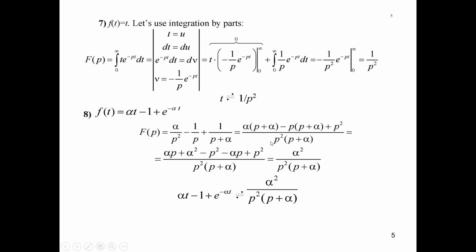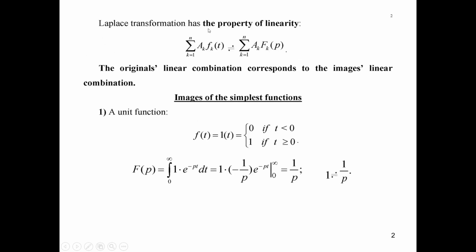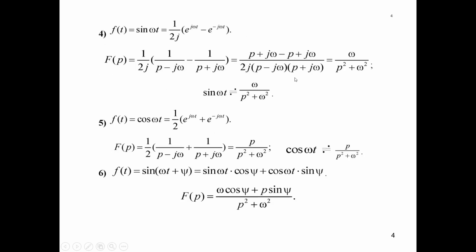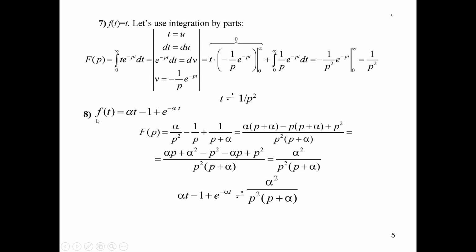images by Laplace possess the property of linearity, and let's use this property of linearity, okay? We will use this property to obtain the operational image of such a function. How can we do it? The operational image of this function f from p will be equal to, you see, alpha t.